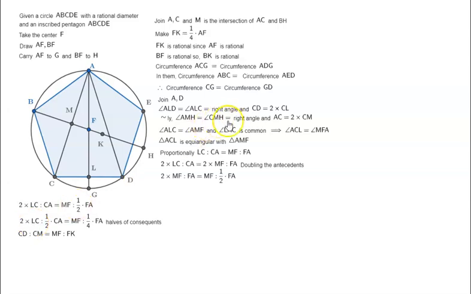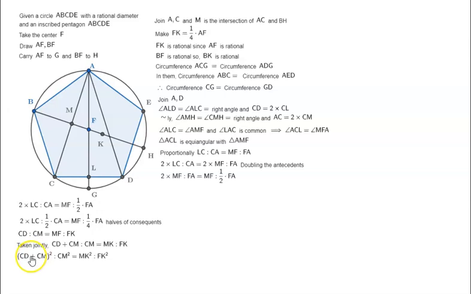So 2 times LC is CD, and half of CA is CM, equal to MF is to 1/4 of FA, which is FK. So we have CD is to CM as MF is to FK. Taken jointly, this becomes CD plus CM is to CM is equal to MF plus FK, which is MK, is to FK. Let's take the squares on all of them.